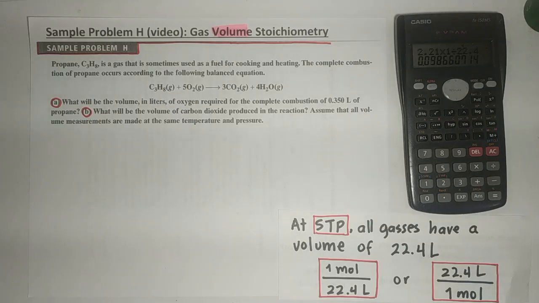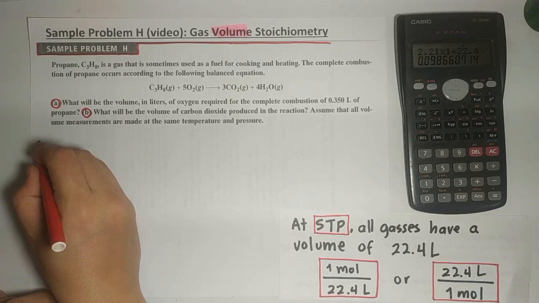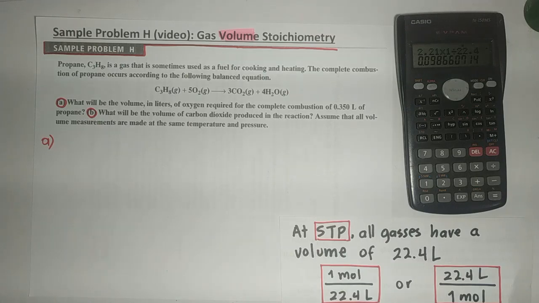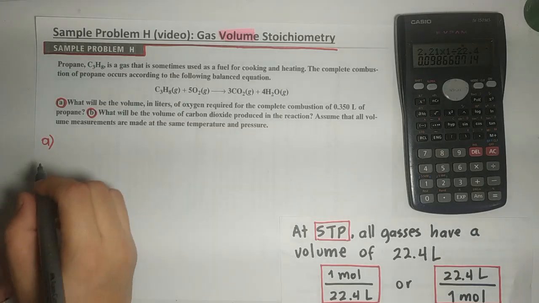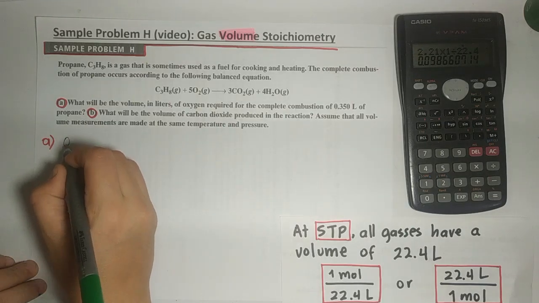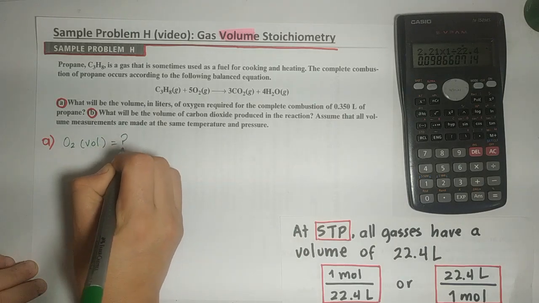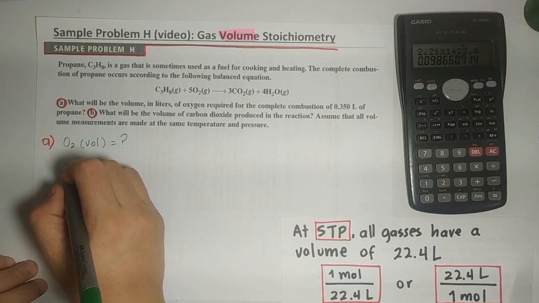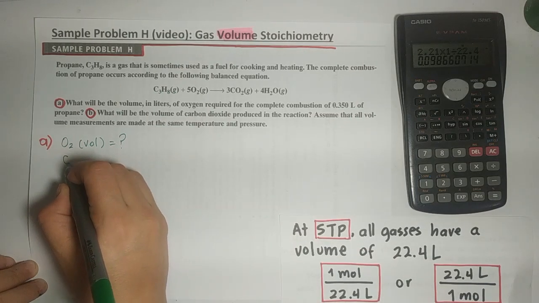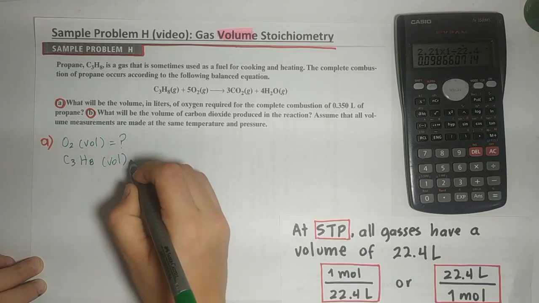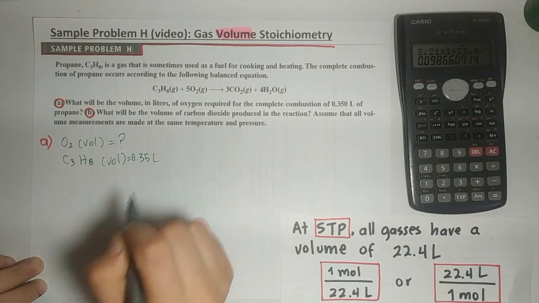First of all, we are talking about a gas, of course. And in part A, they are asking us to find the volume in liters of oxygen. So, in A, my unknown is oxygen volume. But they are giving me propane, its volume, 0.35 liters.